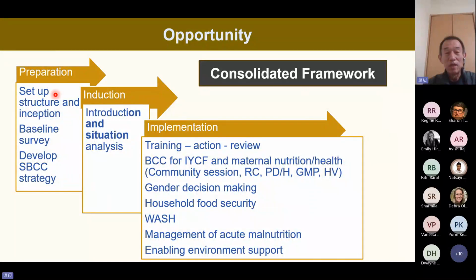This part, not only in Laos or Cambodia, but in Africa, everywhere, is key to successful program design. Based on that, you can design the program implementation components, which can be selected from the successful experience from Laos and Cambodia.